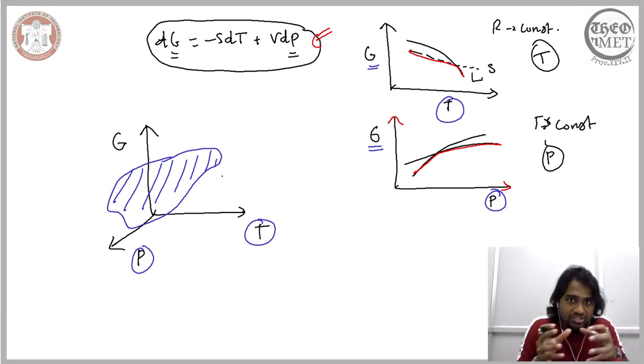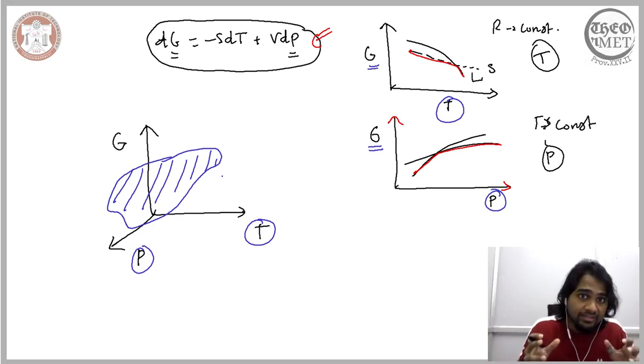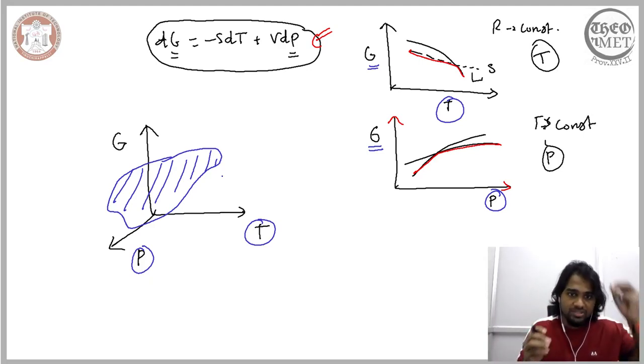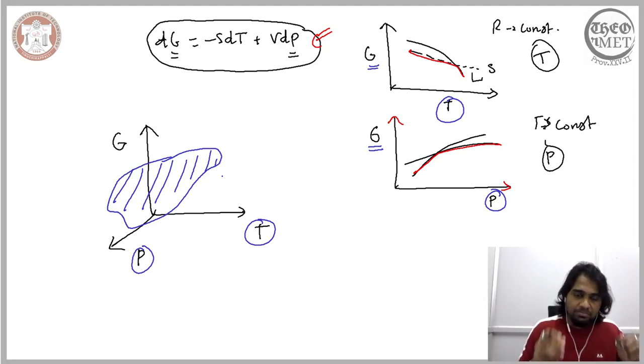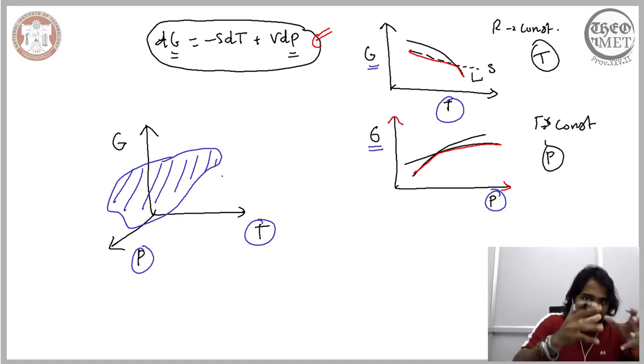So for a given state of the system, you would have a specific curved surface, and for another state of a given system, we would have another curved surface that illustrates how both these variables influence the Gibbs free energy. In a simpler case, for solid you would have a specific surface that illustrates how the Gibbs free energy changes with temperature and pressure.